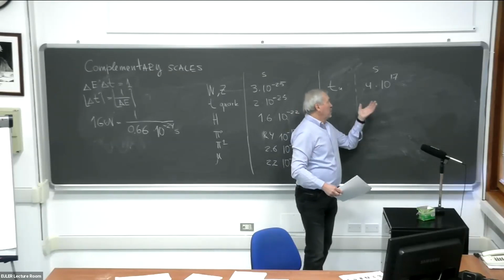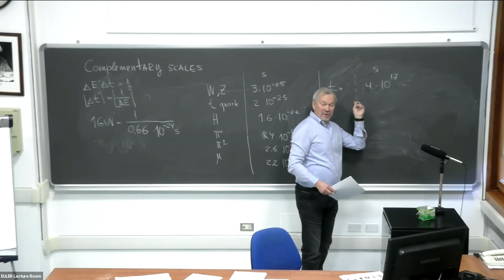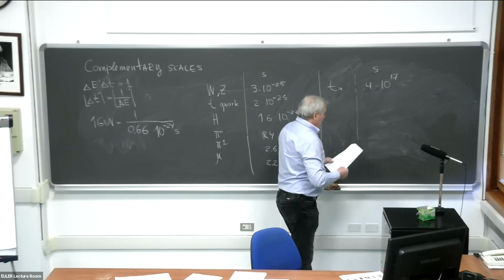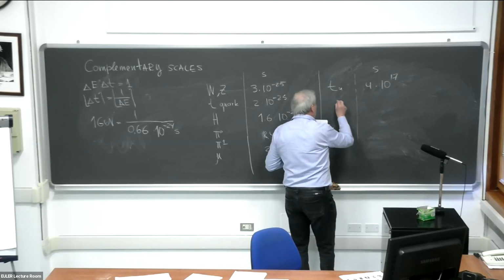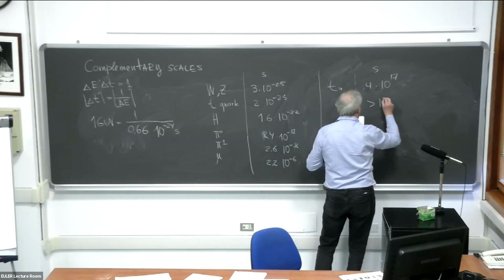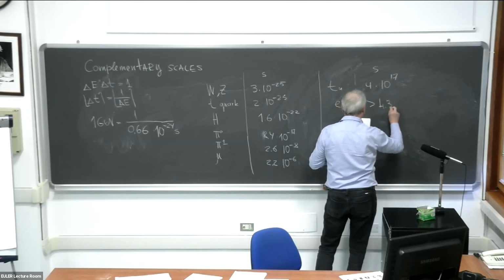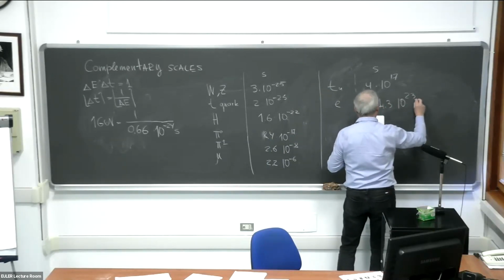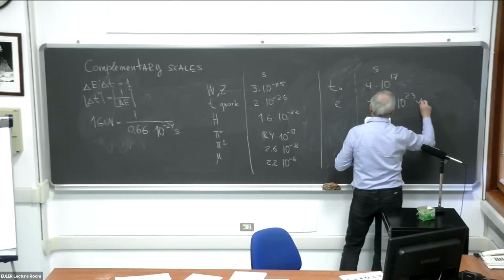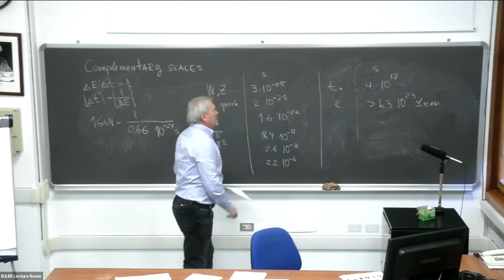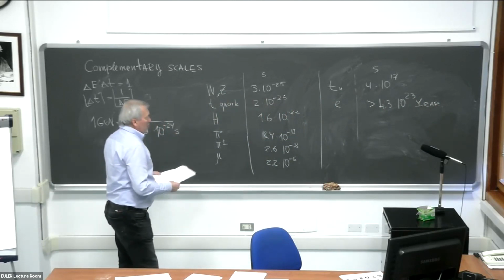Well, the first guess, of course, it should live longer than the universe, right? Otherwise, all electrons would decay. But the present bound on the lifetime of the electron is much, much bigger. It's bigger than 4.3 10 to the 23 years. Oh, it's years now. Let me switch to years. It's much, much longer. In seconds, you need to multiply by 7 orders of magnitude.